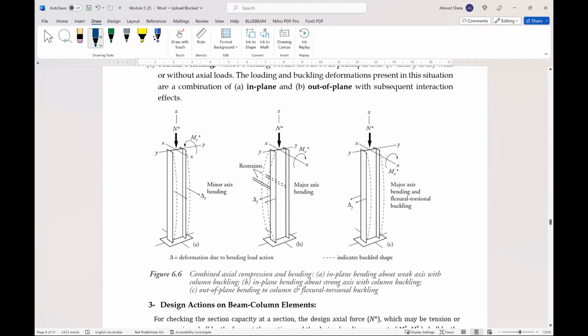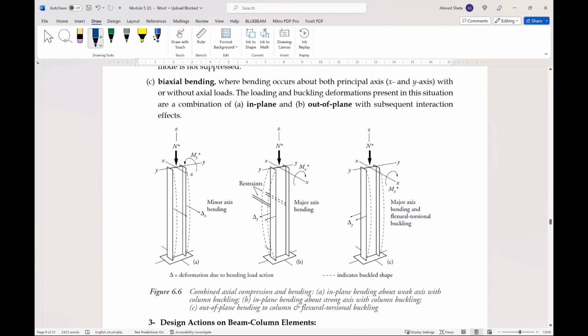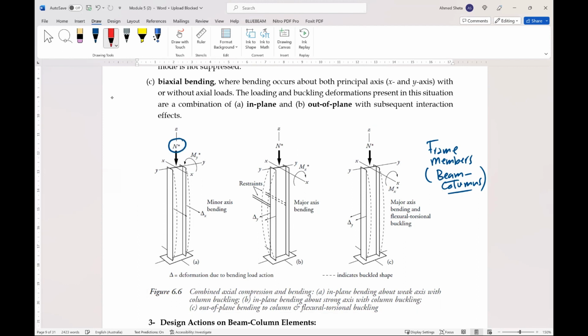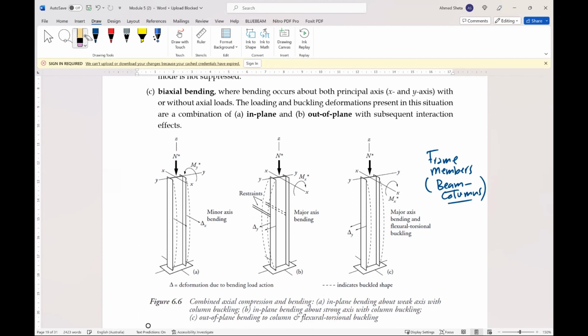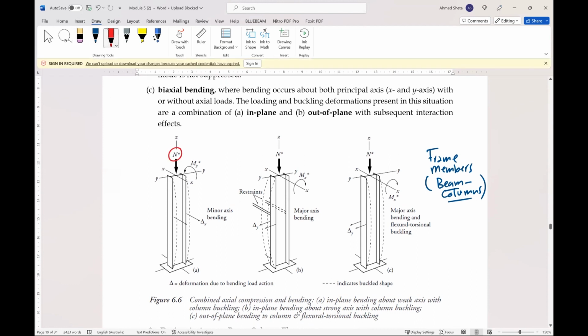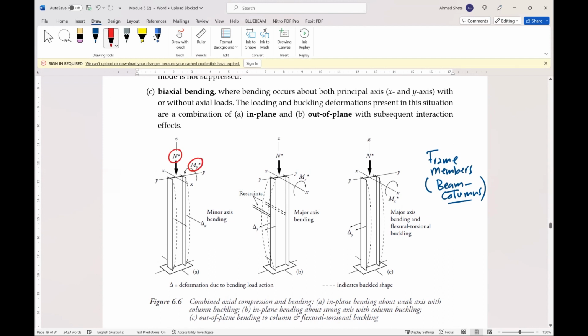Here as well, you can go through an example of the loading of a frame member, or beam column members. What you can see here, the first member is subjected to a normal force N and a moment about the y-axis, My, or we can call it minor axis bending.